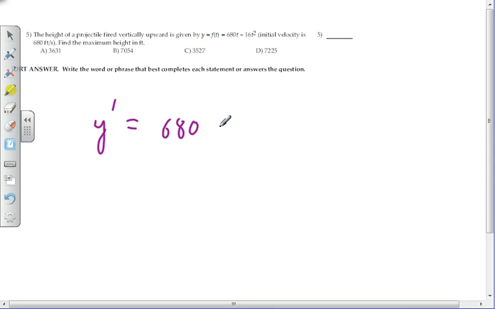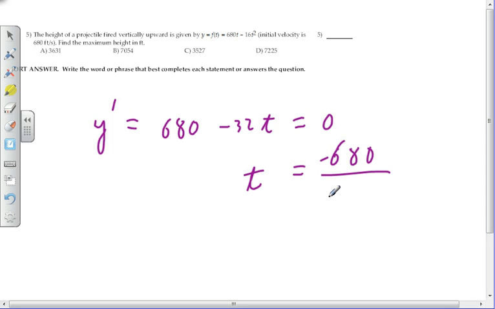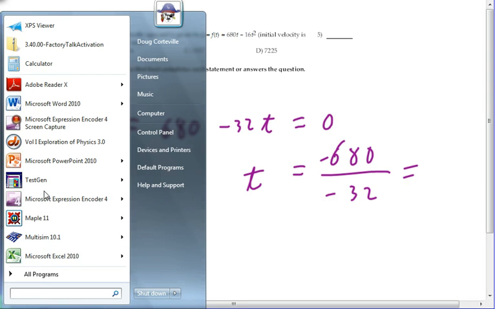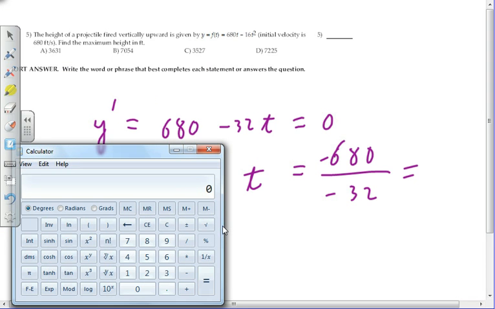680 minus 32t. We're going to set that equal to 0 and have that t is equal to minus 680 divided by minus 32. Because I forgot my calculator, I'll have to use a different one.